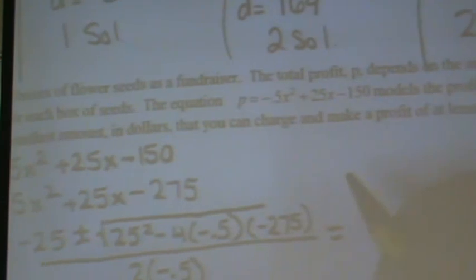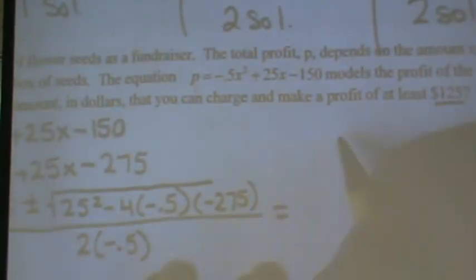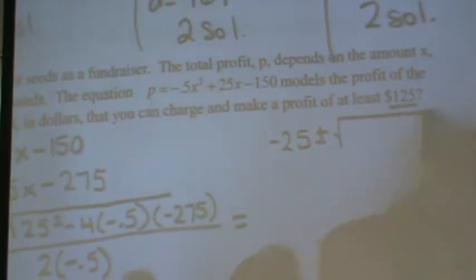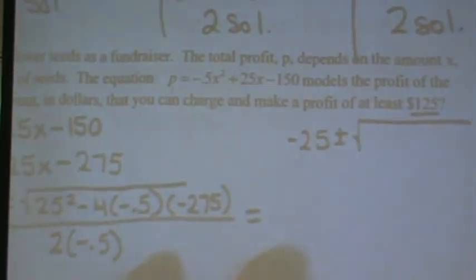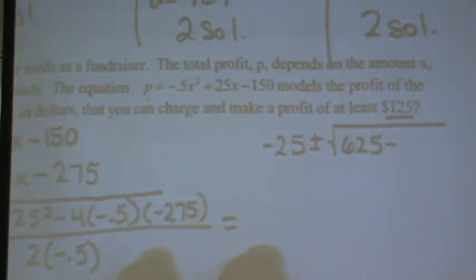Up on top, negative 25 plus or minus the square root of 25 squared, which is 625, minus 4 times 0.5 times 275.